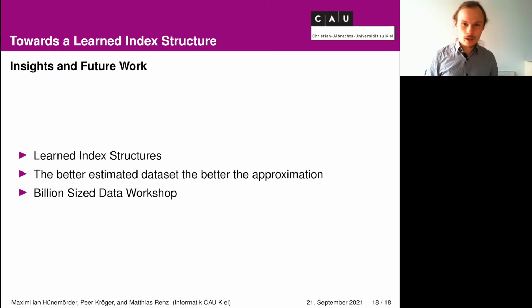And so I think that this will get more attention in the coming years, and even now, since we get some billion-sized data workshops for approximate neighbor search, and in these I think that learned indices will play a role.